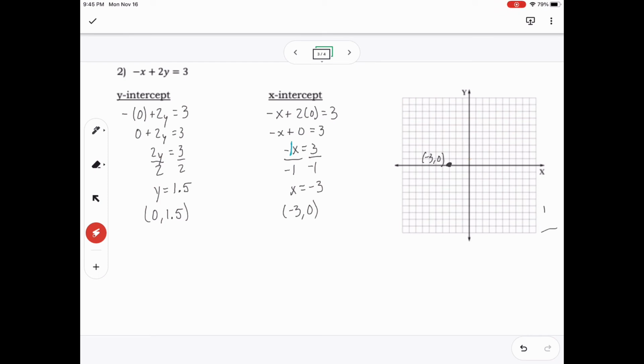Now because it's not quite 2, it's going to be in the middle, so I'm going to make a point in between those 2 tick marks. So that gets me 0, 1.5. And then I make my line. And that's my graph.